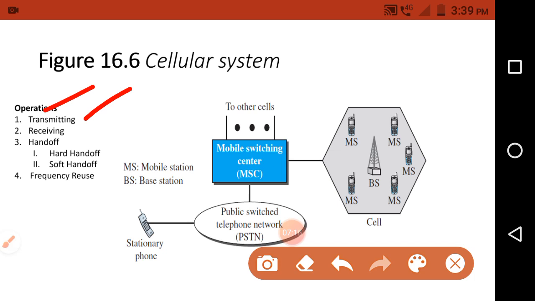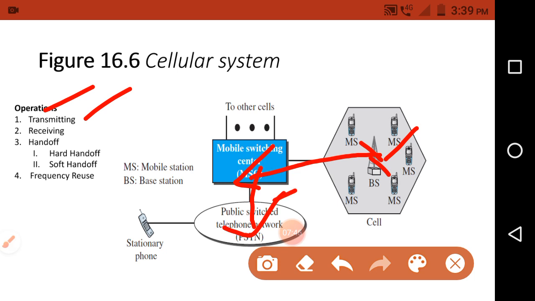After typing the number, the mobile station sends that number to the base station through the proper channel. The base station in turn sends that phone number to the mobile switching center, and the mobile switching center sends that number to the public switched telephone network.